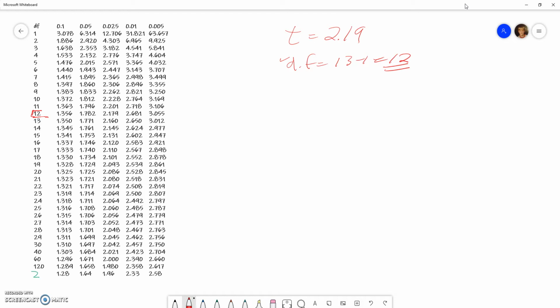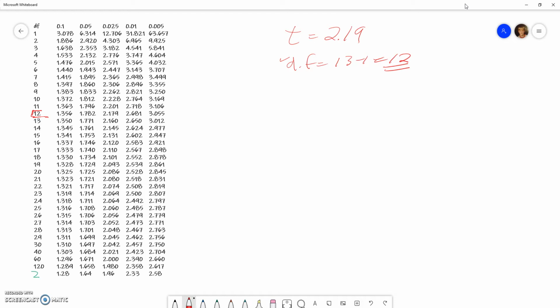So let's go with red. So 2.19. You'll notice that the values always increase as you go from left to right. In the 12th degree of freedom row, we have 1.356, 1.782, and so forth up to 3.055. They always increase. I want you to plot where 2.19 is going to go.